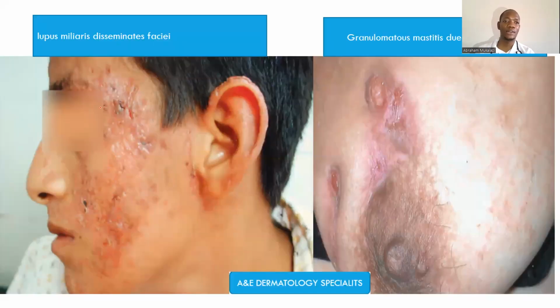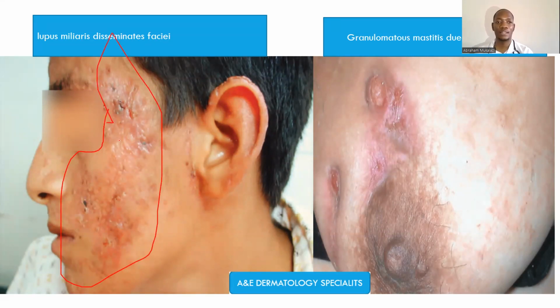For example, this is the lupus miliaris disseminatus faciei that you see here that looks like rosacea. After treatment, you get a little scarring. Then you see this granulomatous mastitis that can actually look like breast cancer, Paget's disease, and squamous cell carcinoma.